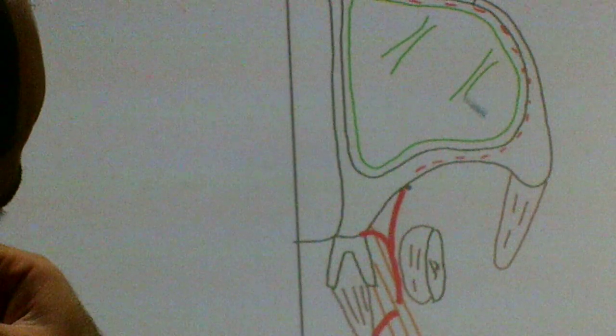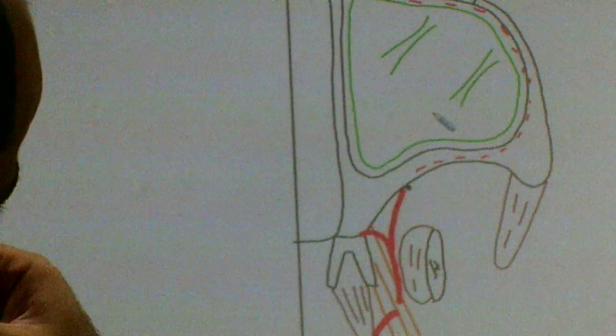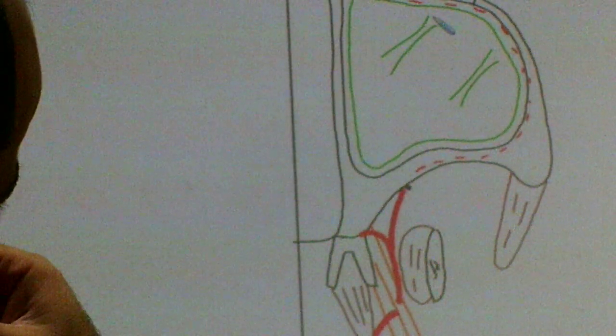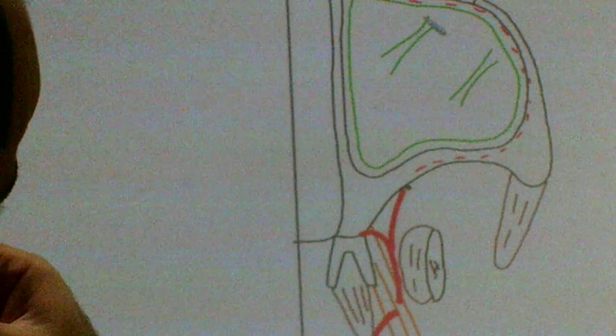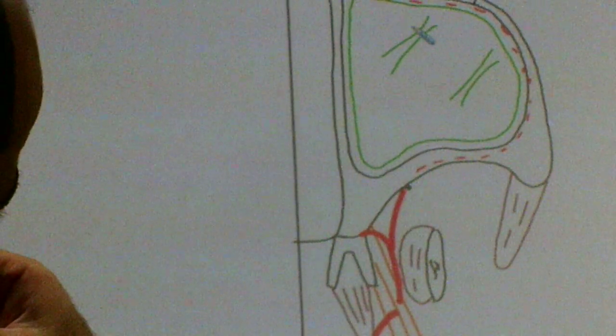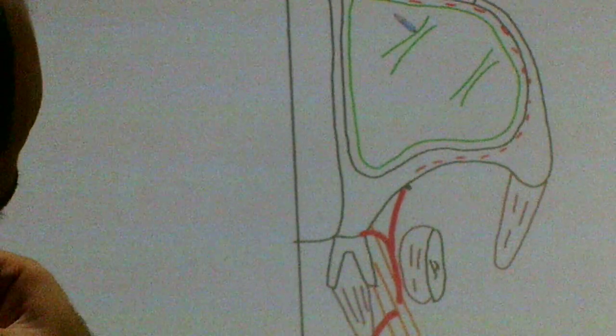Here is the lateral pterygoid from the lateral plate to the condylar neck, this way.